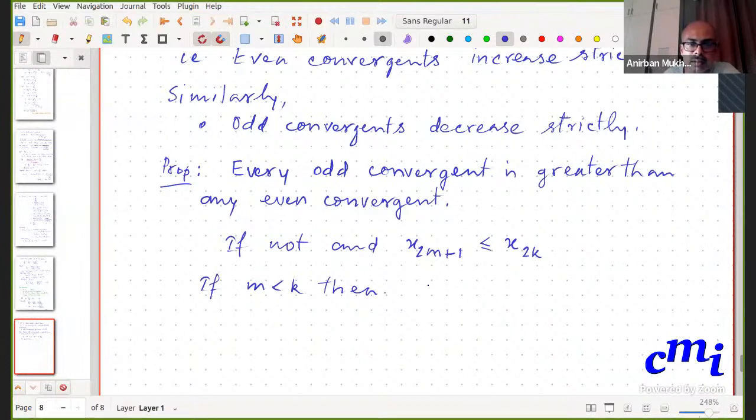If I look at this odd convergent and k is bigger, x2k plus 1 is going to be strictly smaller than x2m plus 1, and this is x2k.